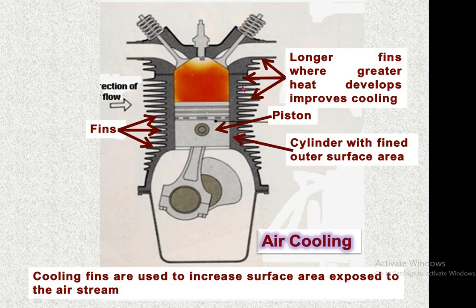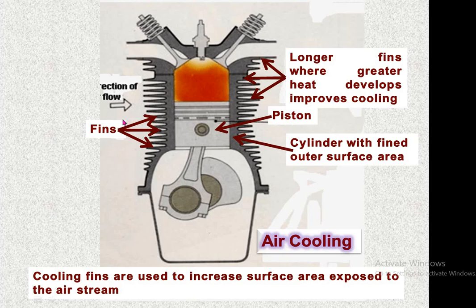For improving the cooling, we employ the longer fins here. Here normal size fins are used because this portion is far away from our combustion chamber, so the temperature will not be much. This portion will have the maximum temperature during the burning of the fuel, so bigger size fins are employed here.